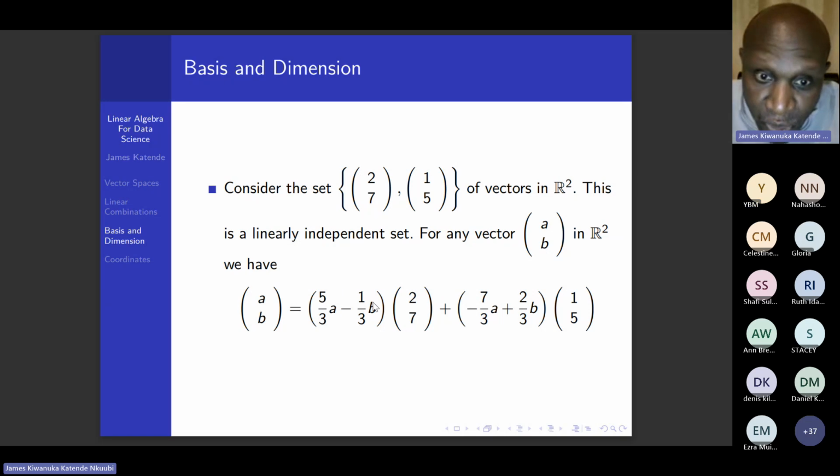So again, this is not hard to solve. It's just a solution to a system of linear equations. We shall learn how to do that later. But for now, all we are showing is that you can get more than one basis for R2.